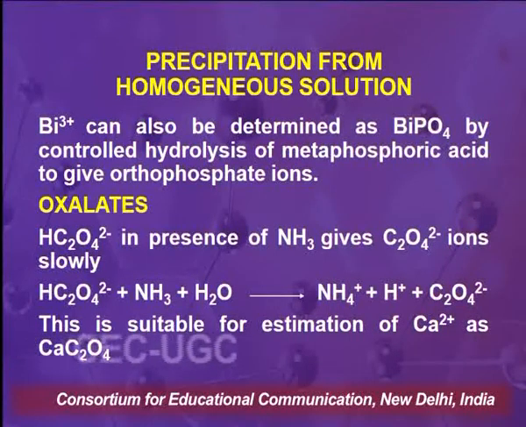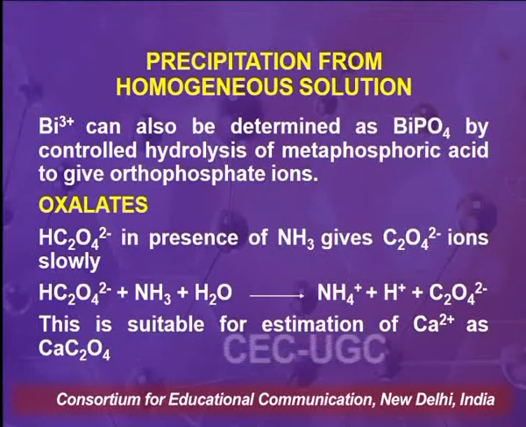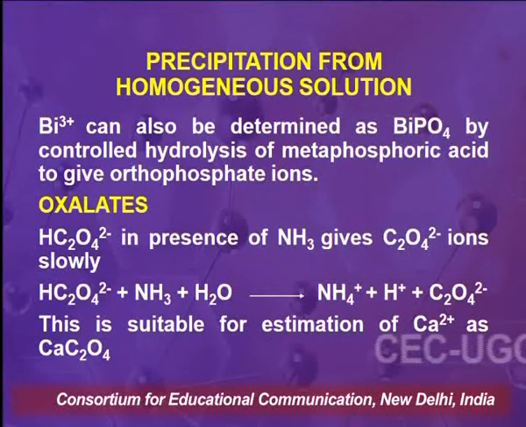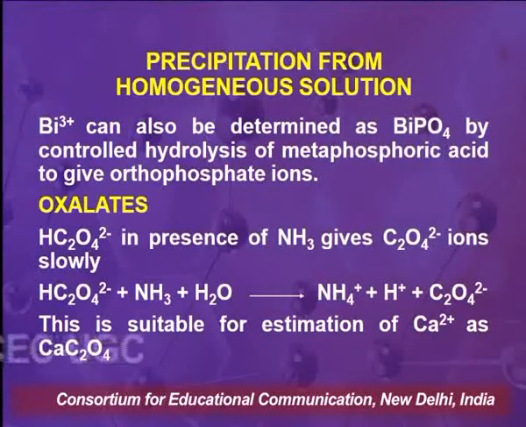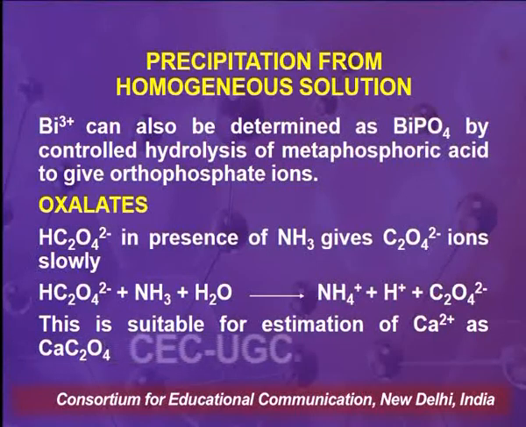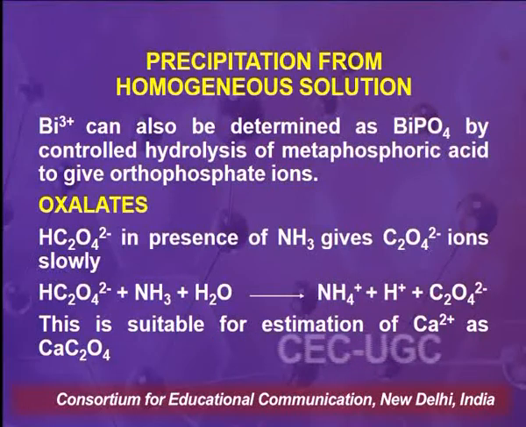Either oxalic acid can be added from outside to precipitate calcium as calcium oxalate, which might give an error because the oxalate ions tend to get decomposed on high temperature treatment.